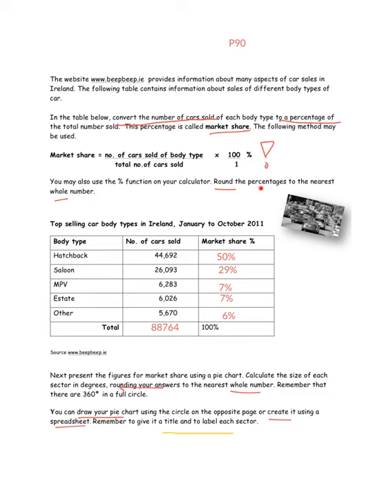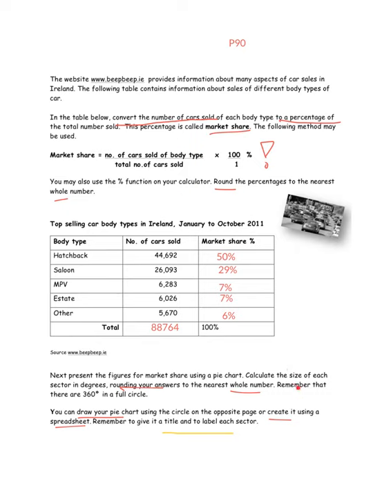And again, we need to round percentages to the nearest whole number. Every single time you round it, you might leave it as it is if the next number is less than 5, or you might add 1. Okay, sometimes you might get 99%, but that's fine.